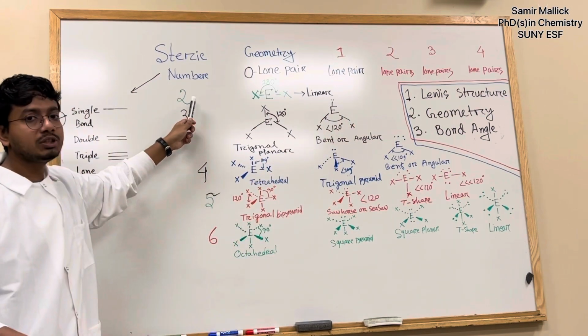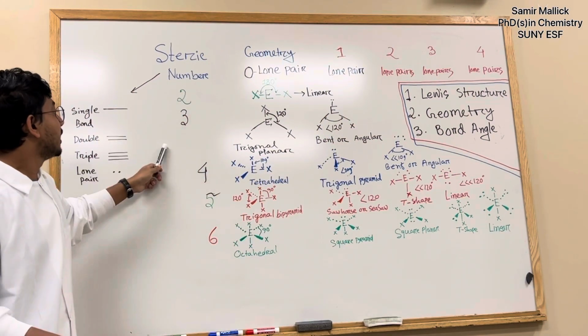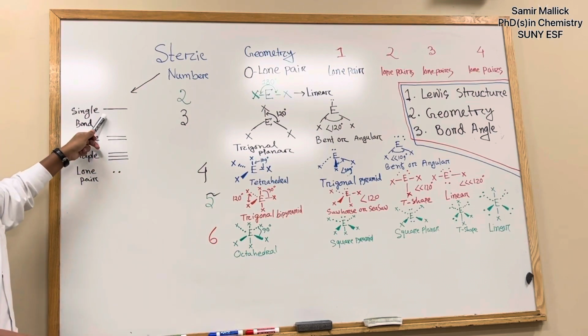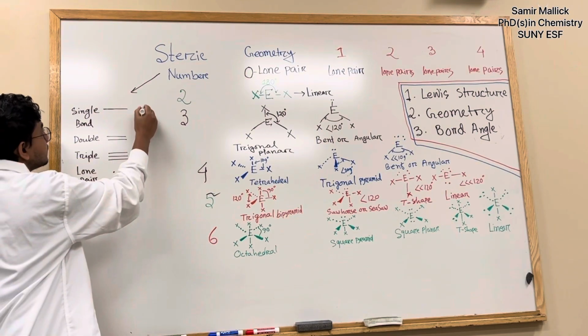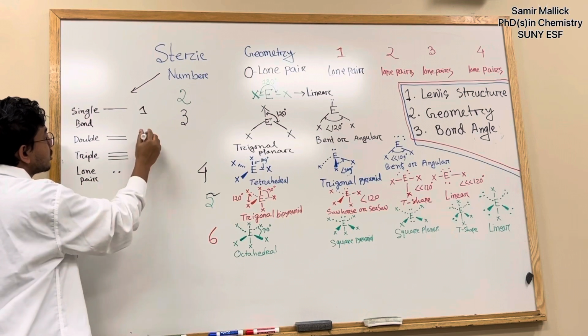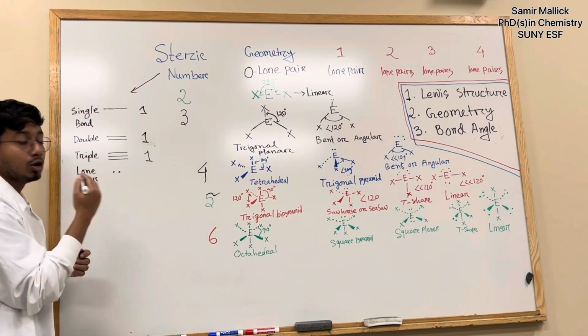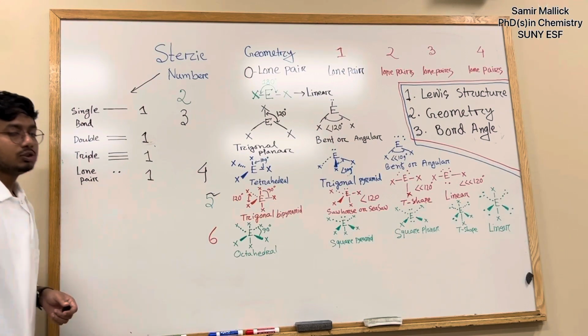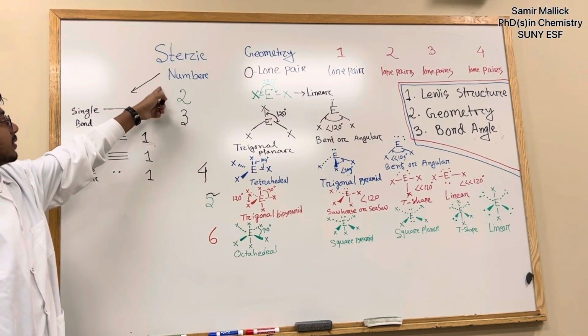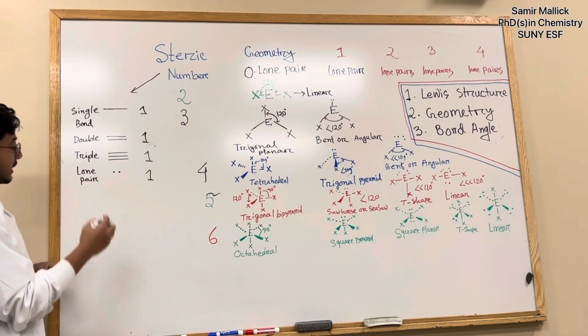To determine the steric number, you need to know that a single bond counts as 1, a double bond also counts as 1, a triple bond also counts as 1, and a lone pair also counts as 1. I can give you an example.